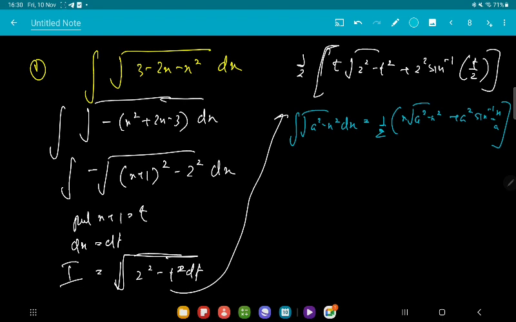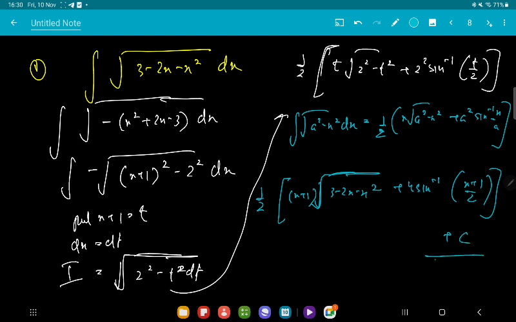This formula I have applied here. So your final answer will become 1 upon 2 x plus 1 under root 3 minus 2x minus x squared plus 2 sine inverse of x plus 1 by 2 plus c. This will be your answer. I hope you are able to understand the solutions.